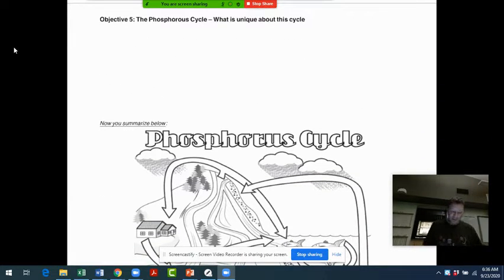So the phosphorus cycle, basically, the vast majority of the phosphorus on Earth is stored in rock. This is phosphorus ore. Just to step back, why is phosphorus important? Phosphorus is important because, much like nitrogen we talked about last time, it's a key component of nucleic acids in human beings.